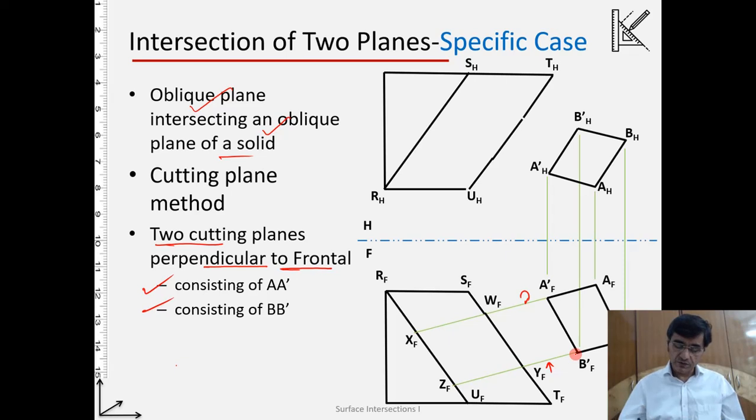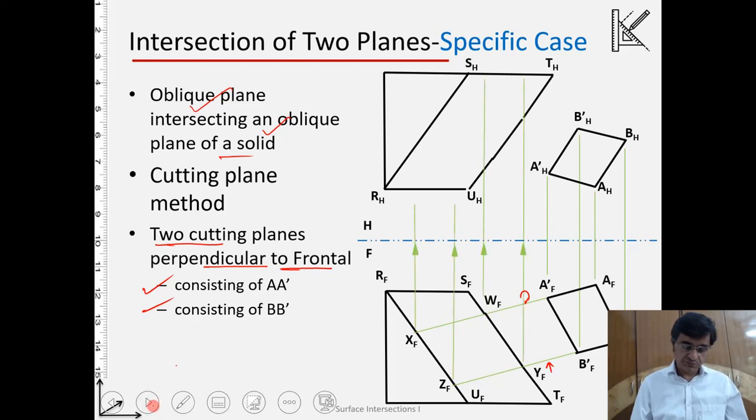So for that, we will transfer these points to the horizontal. If you transfer these points to the horizontal and I give them names, XF is on RU, so XH will be on the side RU of the oblique plane.